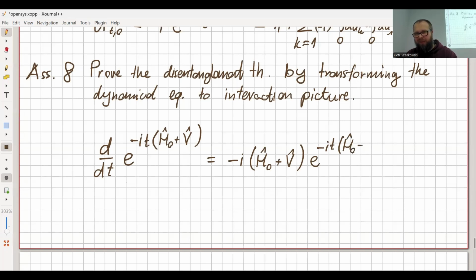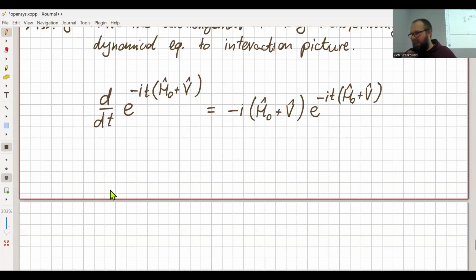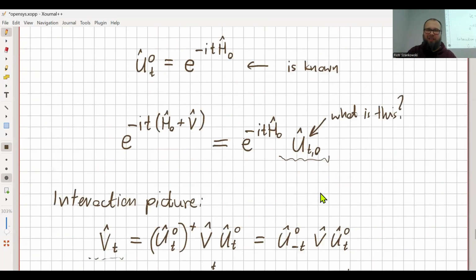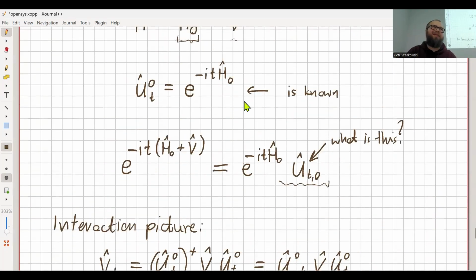If I'm not using the U symbol, this is what the dynamical equation is, right? And the idea is to transform it into interaction picture, which basically amounts to substituting for this exponent this form, okay?